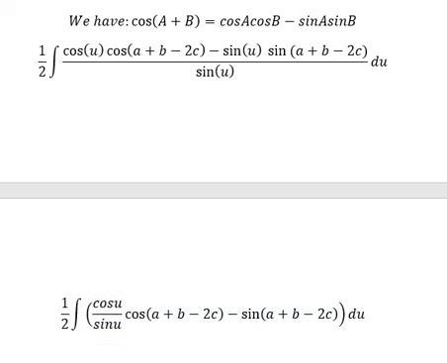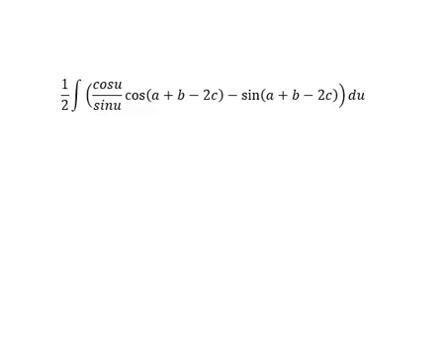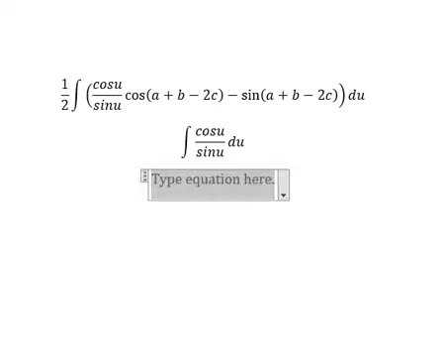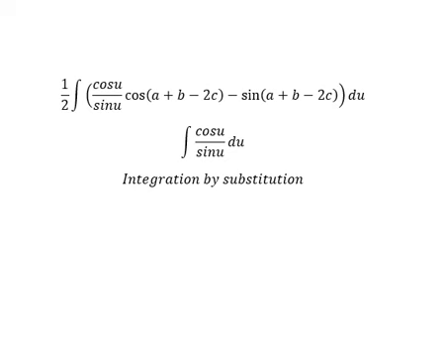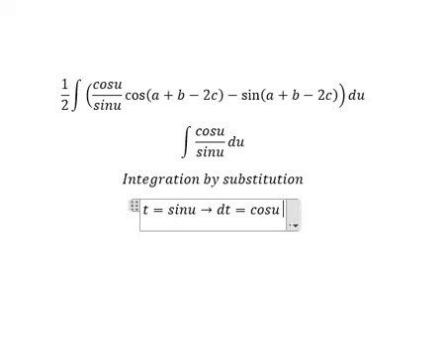So we have the formula in here. So in this one, we can use about integration by substitution. So I will put about t equals to sine u. Later that, we need to do first the derivative for both sides, and we have cosine u du.